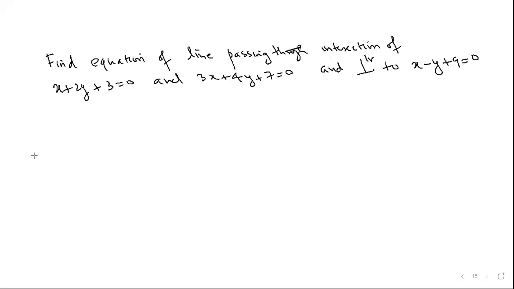First you draw the two lines. This is x plus 2y plus 3 equal to 0. Is the recording on? Yes, sir, it is on. Okay. I'll draw the required line with the red color.